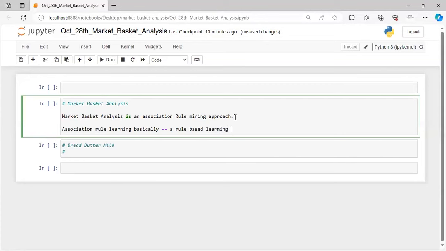These two are different, association rule mining and market basket analysis? Both are the same thing. Market basket analysis, mostly we connect it with shopping only. But the association rule you can combine with lots of other combinations also.